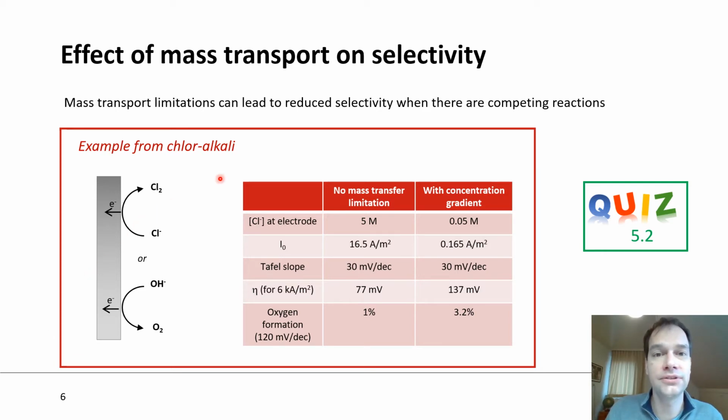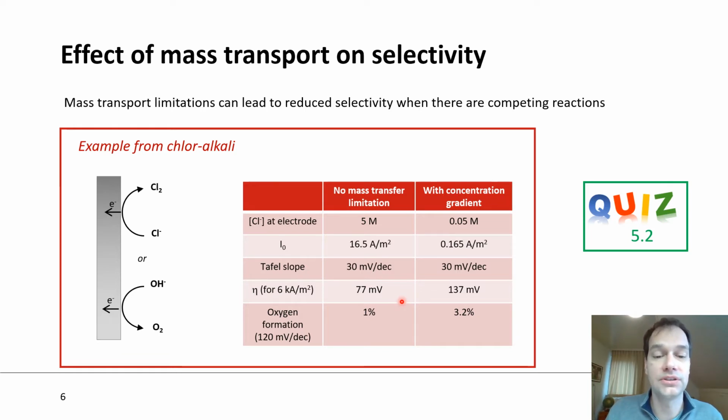Let's look first at the situation without any mass transfer limitations. Then we can assume for a typical chloralkali process that the concentration of the chloride is 5 molar. Using the exchange current density and the Tafel slope, we can calculate what the corresponding overpotential is at a certain current density, namely 77 millivolt.